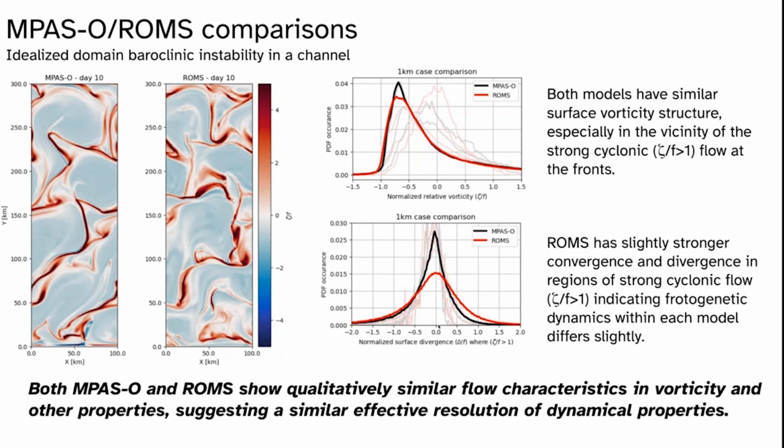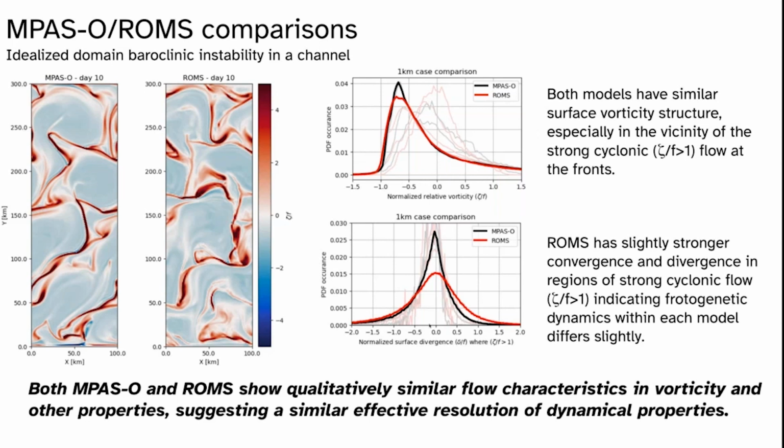Here is the surface divergence only in the area where the normalized relative vorticity is greater than 1. So we're isolating the divergence at the fronts, because fronts tend to be a region where there can be strong convergence and divergence.